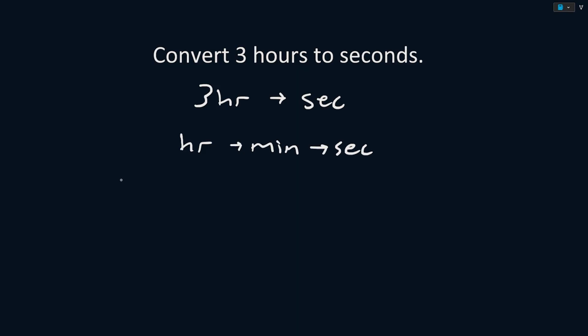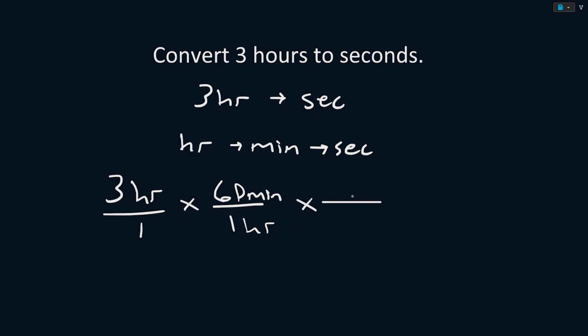So writing out our conversion factor multiplication, we get 3 hours over 1 times the conversion factor of minutes to hours, which is that 60 minutes is equal to 1 hour. And then we can go from minutes to seconds by multiplying through our conversion factor of 60 seconds in every 1 minute.